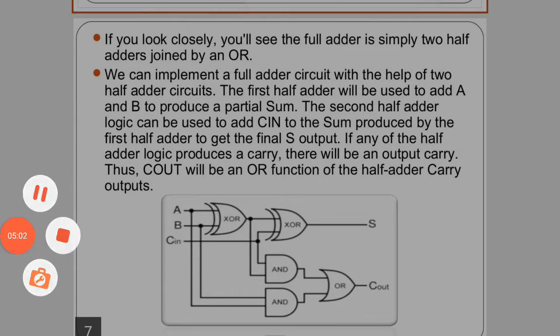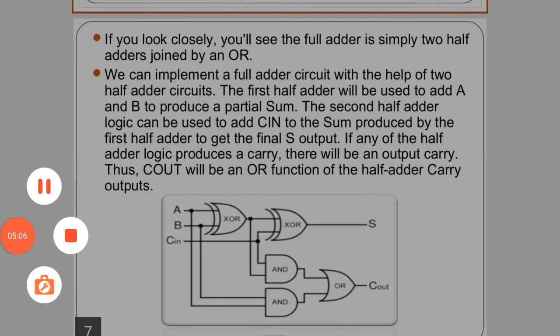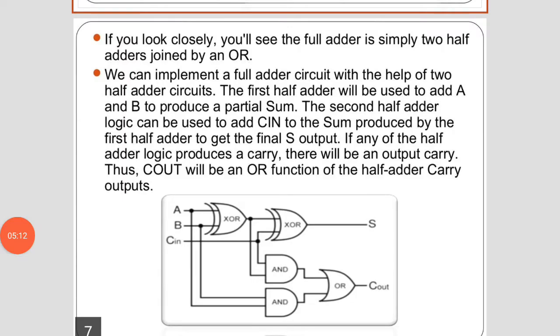The first half adder will be used to add A and B to produce a partial sum. The second half adder logic can be used to add C in to the sum produced by the first half adder to get the final S output. If any of the half adder logic produces a carry, there will be an output carry.